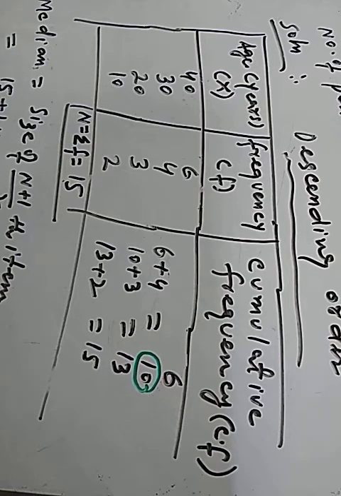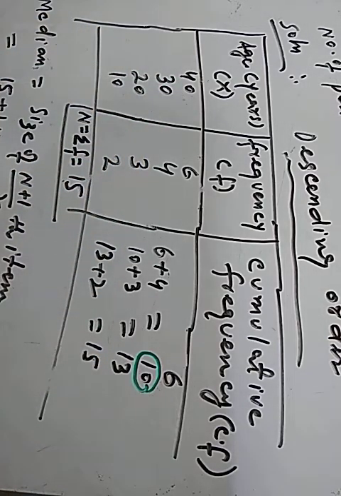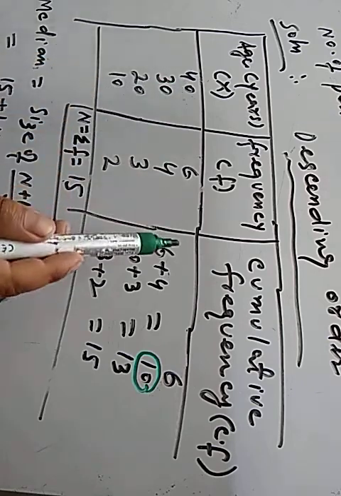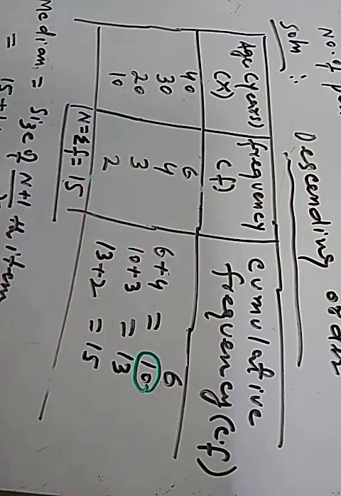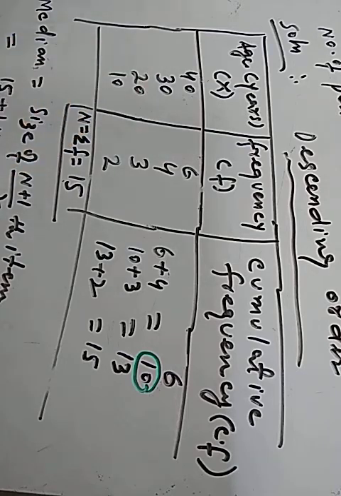Because there are only 6 persons whose age is equal to 40 years, and there are 10 persons who qualify for the age of 30 years, because these 6 persons also qualify the age of 30 years, as their age is more than 30 years.